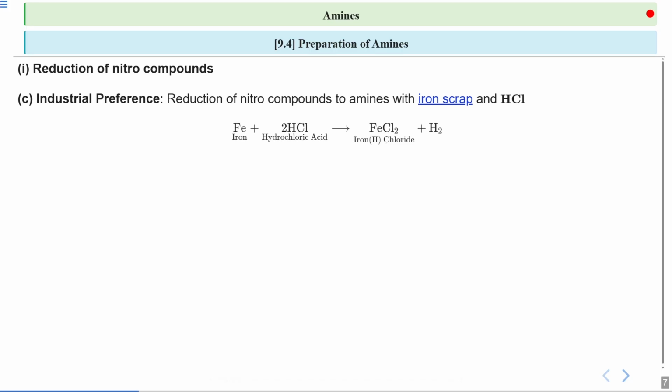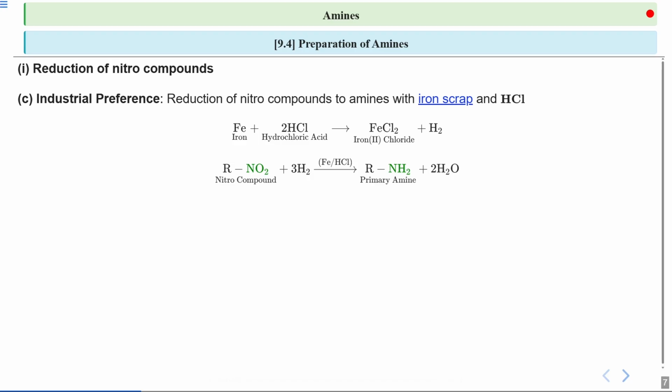If you look at this reaction, iron reacts with hydrochloric acid to produce iron(II) chloride, FeCl2, and H2 gas. See how this reaction generates the hydrogen which is needed for the reduction process.